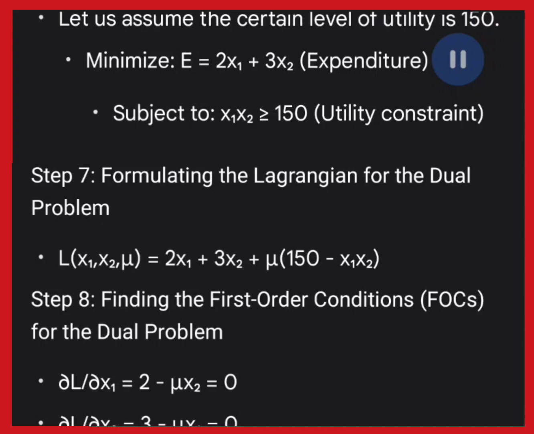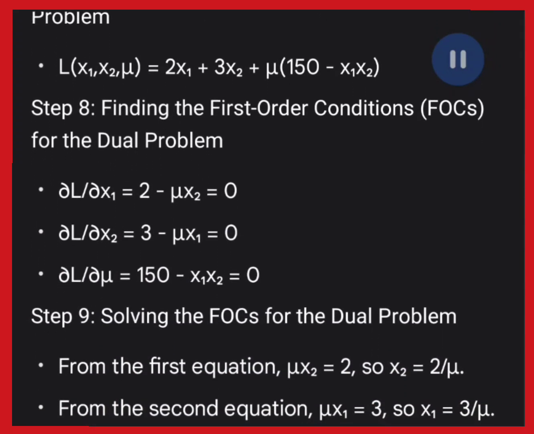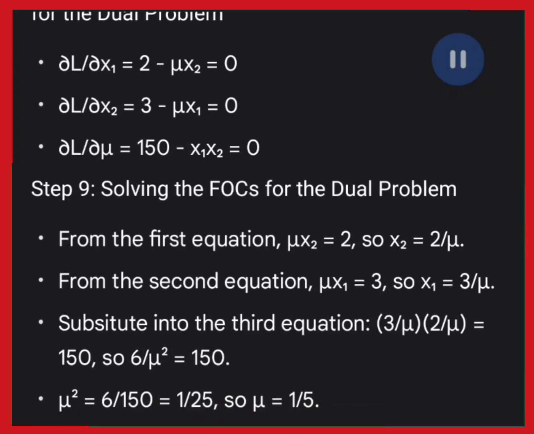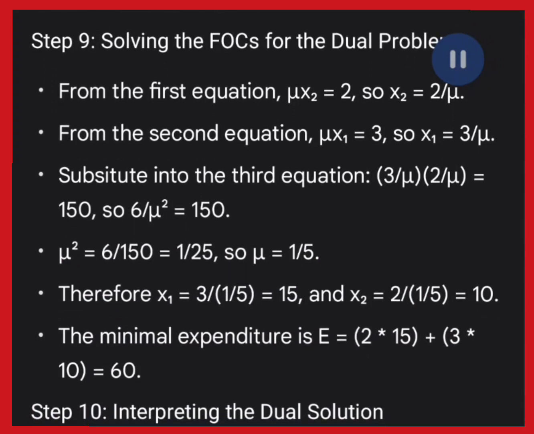Step 9. Solving the FOCs for the dual problem. From the first equation, μx₂ = 2, so x₂ = 2/μ. From the second equation, μx₁ = 3, so x₁ = 3/μ.